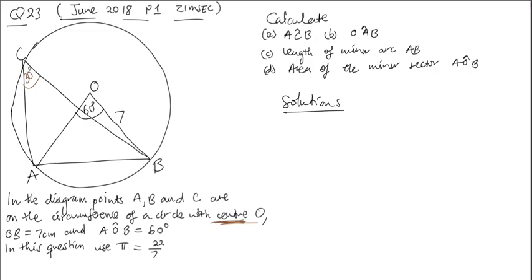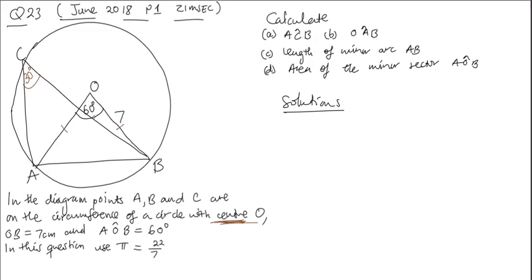And then guys, this is a triangle. OAB is a triangle. This is an isosceles triangle to start with.